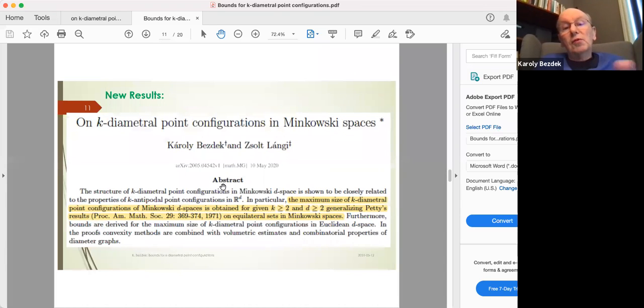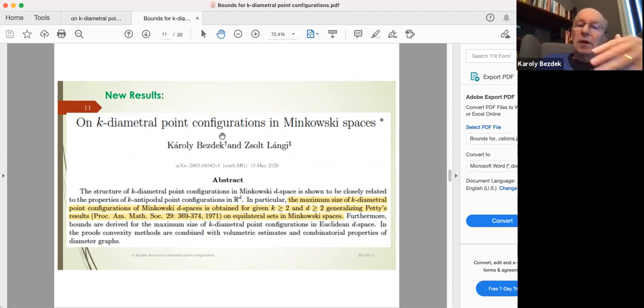Namely, the new topic is an extension of Petty's results. So actually, what I really want to get to is an extension of Petty's article to point configurations, which I call k-diametral point configurations.